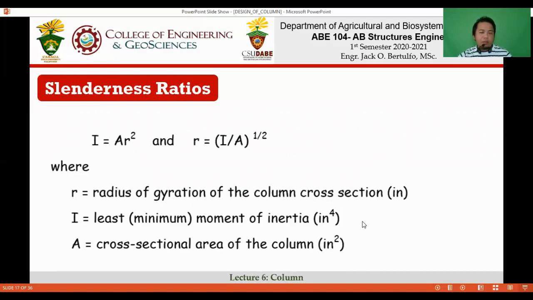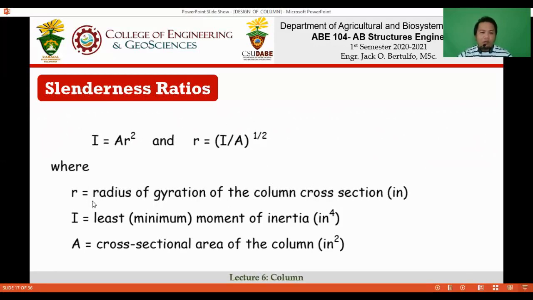Okay, so let's go to the slenderness ratio. The best property to determine how good our column is, based on its length, is the slenderness ratio. So the slenderness ratio is one of the properties of a column. This formula here is used to calculate the radius of gyration.